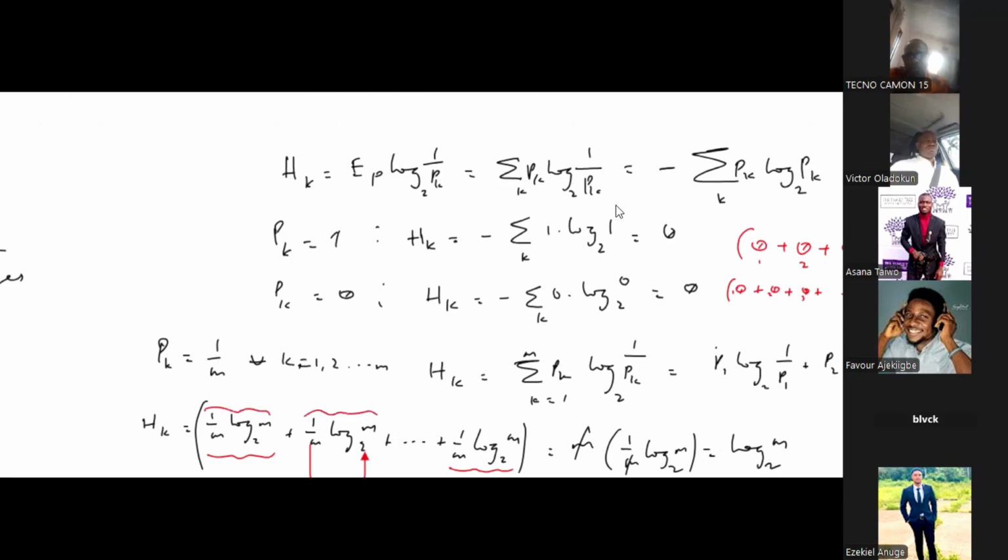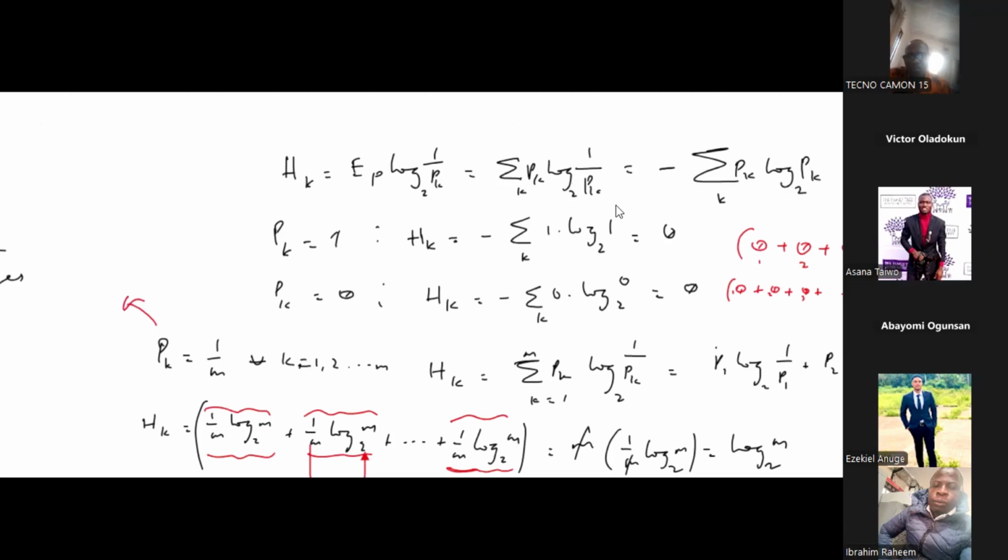They all look alike up to m, because they are m equally likely, right? If it's 5, then this m would have been 5. In the same way we have n of it, we have m number of it. So if we have m number of it times this, that will give us this. So once we perform the operation, this will cancel this, and we'll have this left. Is that understood? Is it clear?